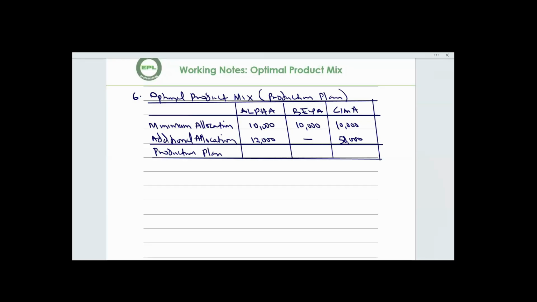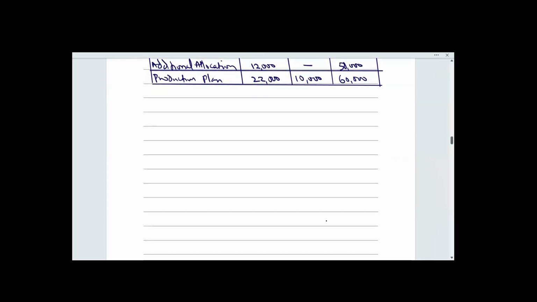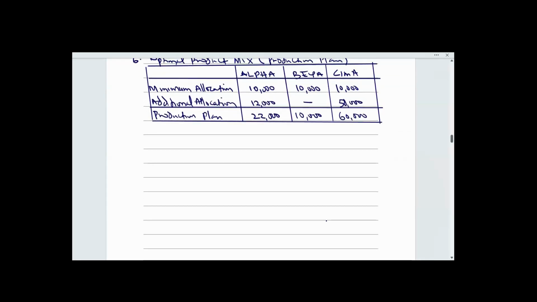So for Alpha, that's 22,000. 10,000 for Beta, 60,000 for Sigma. Once you get to this point, that's all. You are good to go. There's assurance that you have covered almost 90% or 95%.